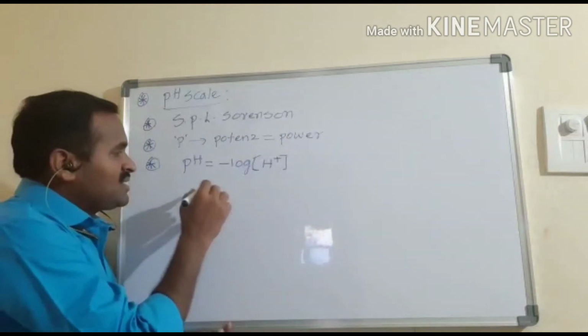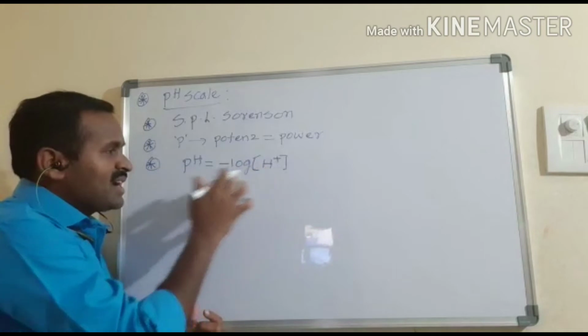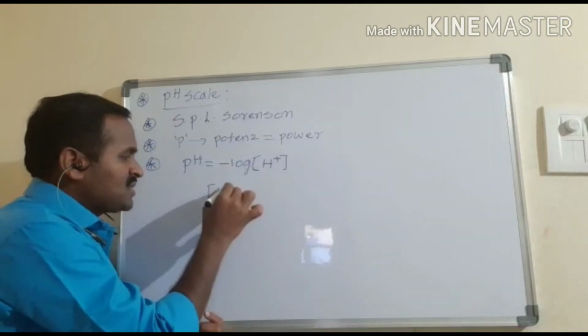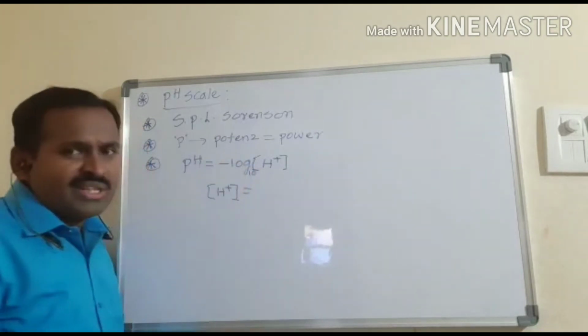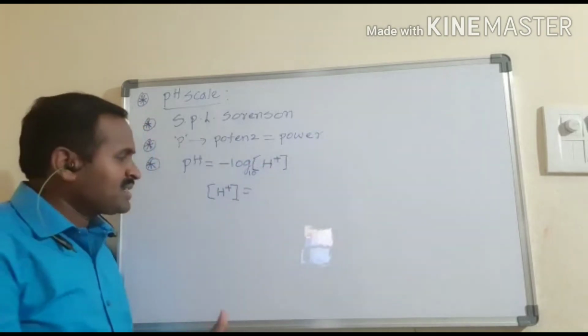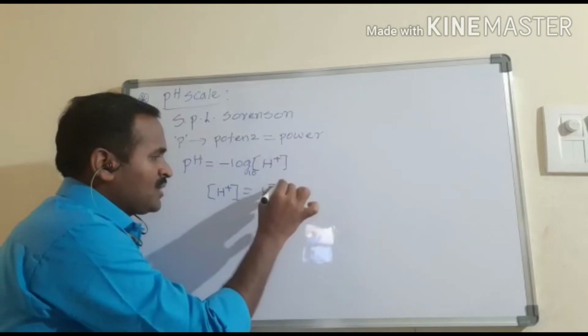In the same way, if I want the H plus ion concentration, the logarithm has base 10. If I make H plus ion concentration the subject of the formula, you get H plus ion concentration equals 10 power minus pH.